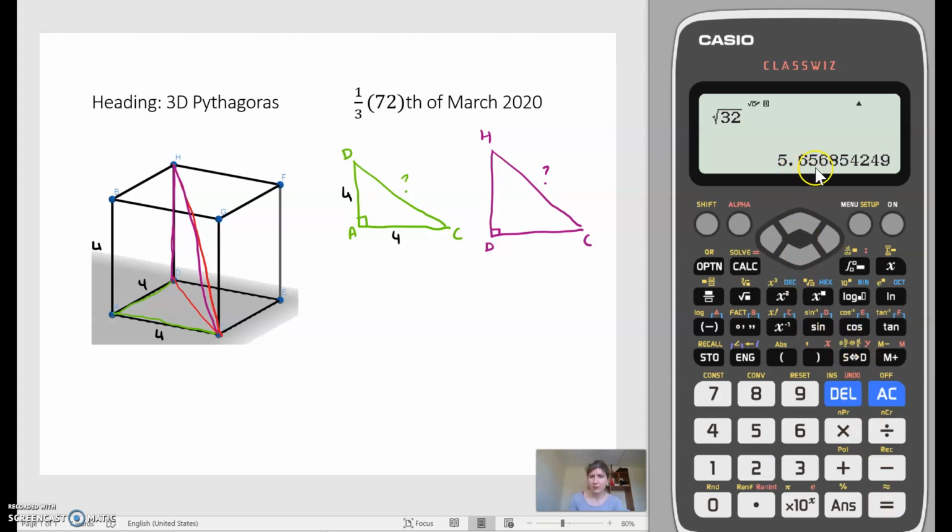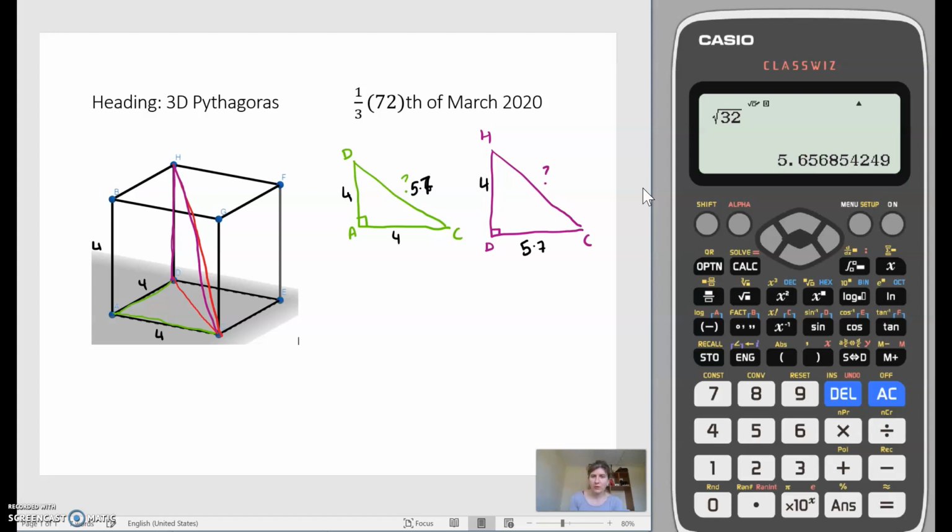The square root of 32 is, we'll say 5.7, to one decimal place. That means that D to C side is 5.7. Now if we're looking at the big purple triangle, D to C is 5.7, and we know the height of the cube is 4 as well.